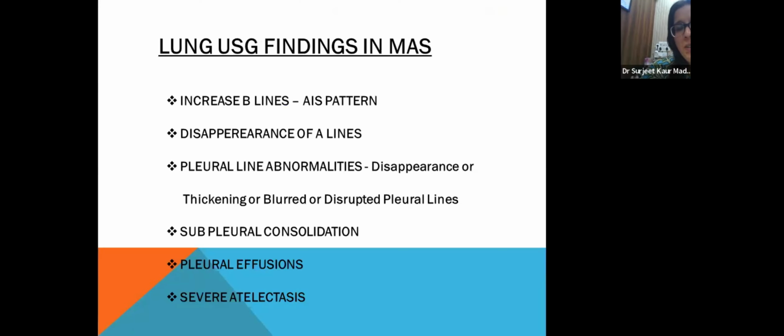Just on the basis of pleural line abnormalities, you cannot differentiate. The pleural line abnormalities are seen in both RDS and meconium aspiration. There might be subpleural consolidation, but in meconium there are spared areas. In RDS, there are no spared areas, but in meconium, there are. A few areas might have the shred sign kind of pattern. A few areas might look absolutely fine with just B lines. And definitely there will be a history.